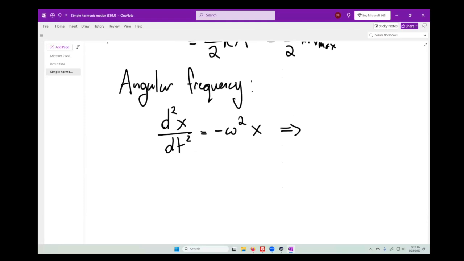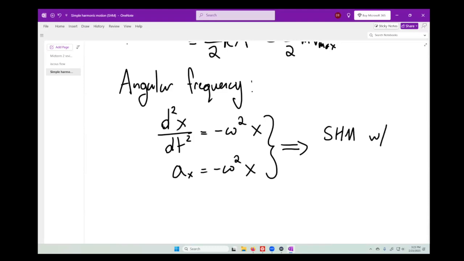Anytime we see an equation where the second derivative of the position is equal to minus some constant times x, the second derivative is the same thing as the acceleration. So acceleration is minus omega squared times x. This tells us that we have simple harmonic motion. And in particular, it's simple harmonic motion where the angular frequency is omega.